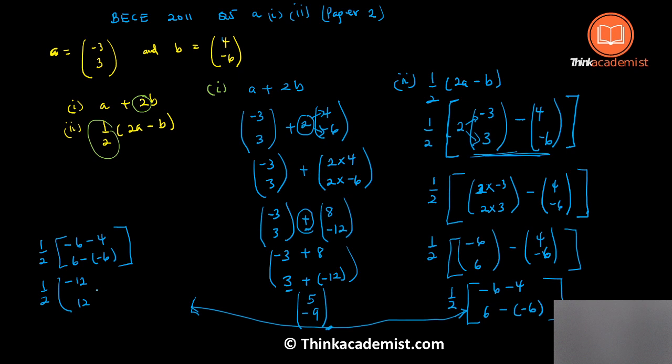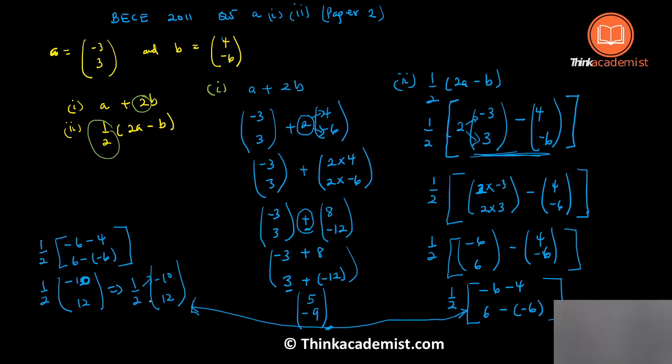Then we'll move on to half of (-10, 12). It means that half is going to multiply the -10, and the half is going to multiply the 12.